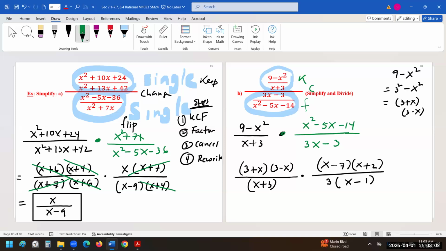Adziri, can you cancel anything from the numerator with anything on the denominator? 3 plus x, x plus 3. They both have plus sign, so it's cancelable. Anything else? That's it?